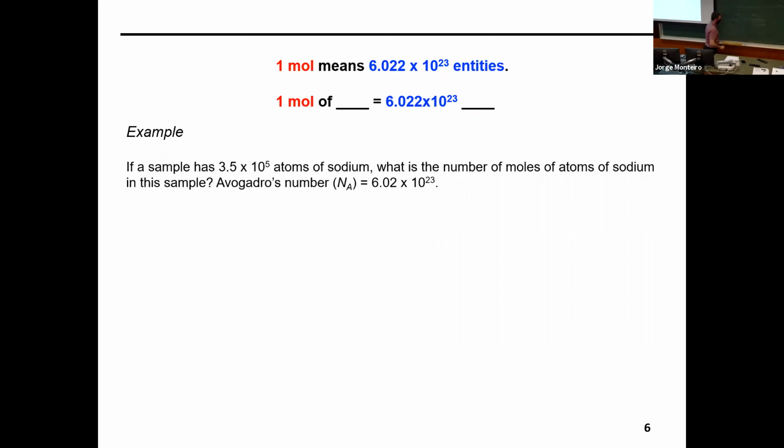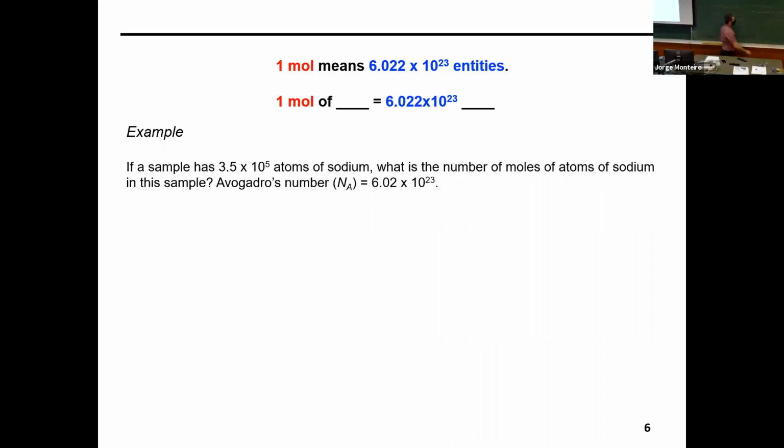Cross multiplication. So let's work with the fraction here. 6.02 times 10 to the 23rd atoms times x equals to 1 mole times 3.5 times 10 to the 5th atoms.